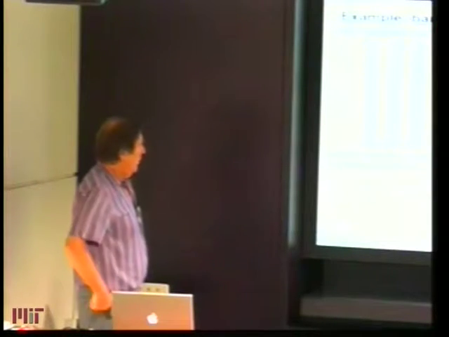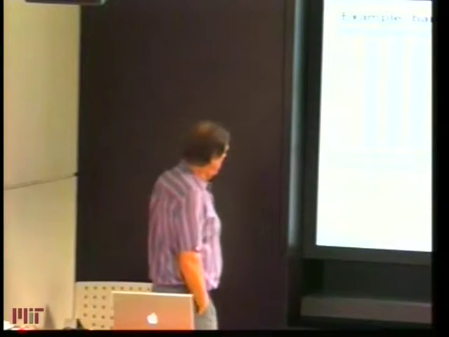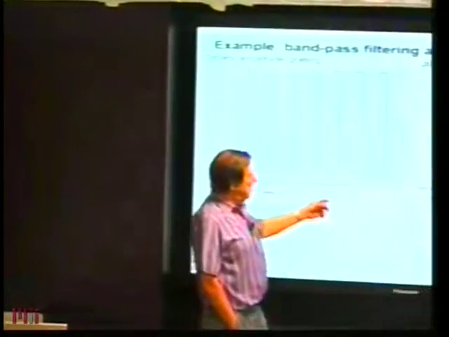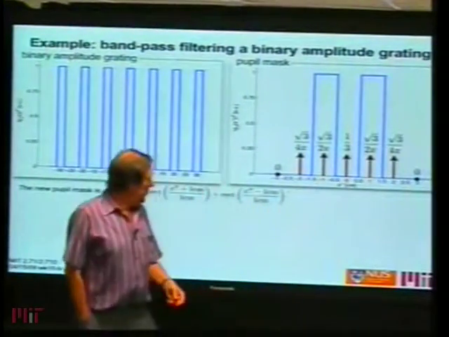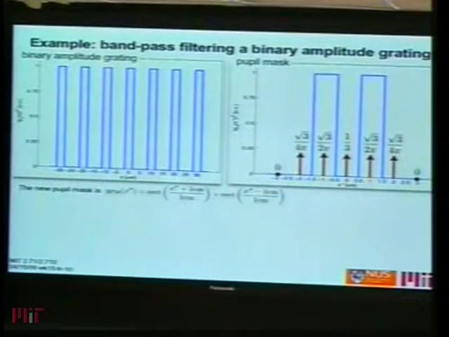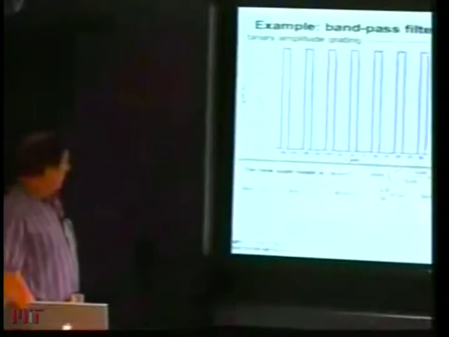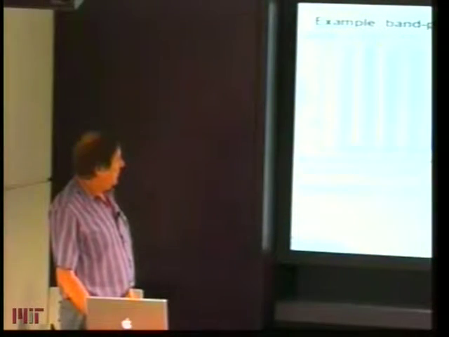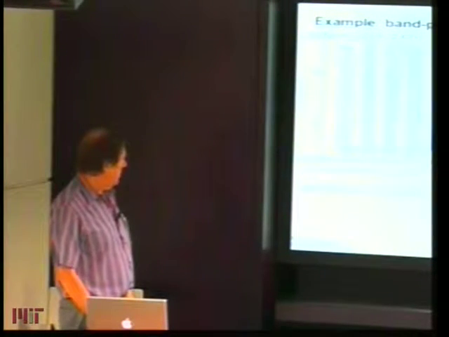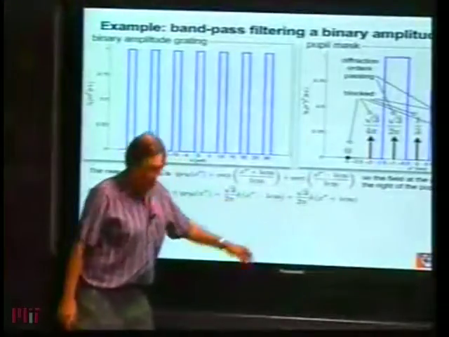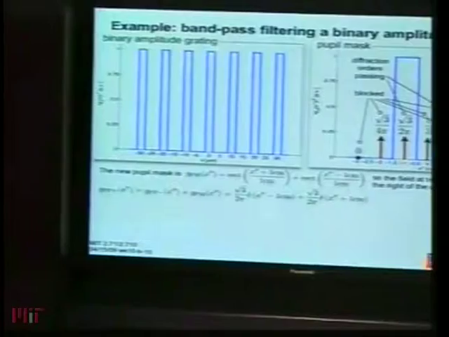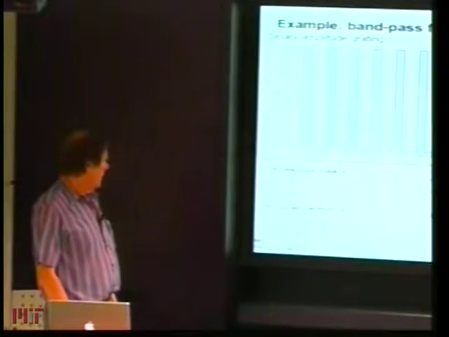Mathematically we can write the mask as being the sum of two rectangles, a rectangle and another rectangle. So then it lets through those two components and stops the others. So we've got these two delta functions, and then we just have to do a Fourier transform again.